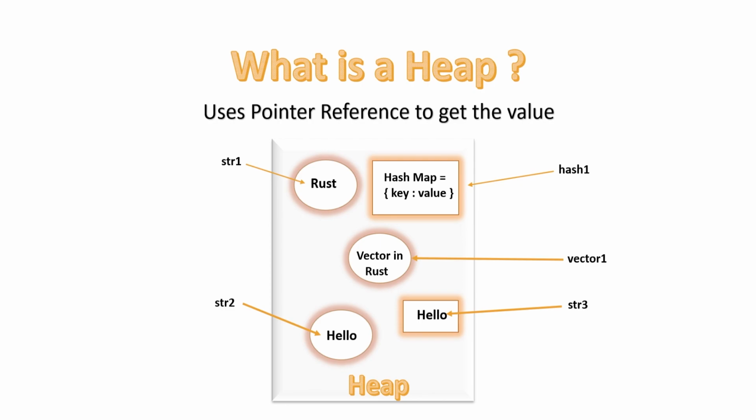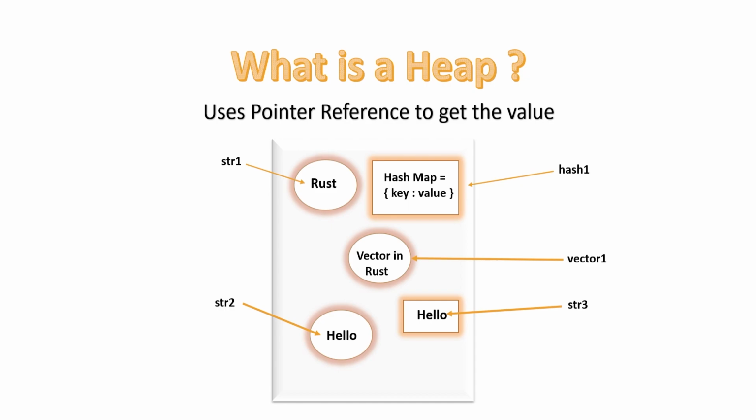Here we could see Rust and hello, and the vectors in Rust. Rust and hello are strings which reside in the heap memory. The heap uses the pointer reference to get the values. Those strings are pointed to by the str variable.